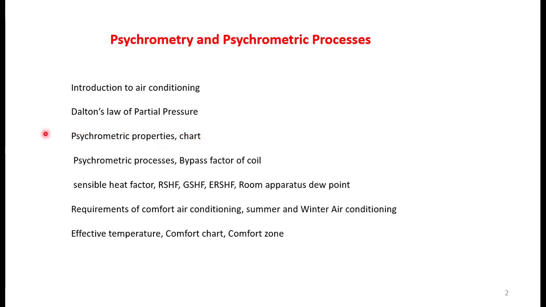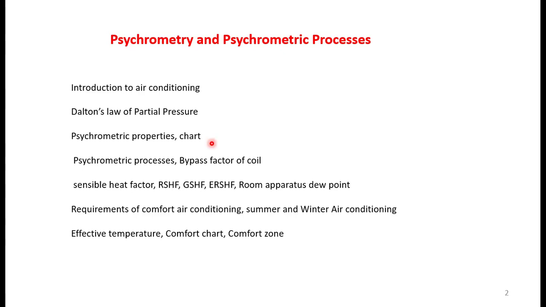One method is by using the graphical chart that's known as the psychrometric chart. And the second method is by using a set of mathematical equations, some formulas. The formulas are derived based upon certain assumptions. We'll not discuss the derivation of these formulas, but we'll use the final form of these equations to calculate and determine the various psychrometric properties.